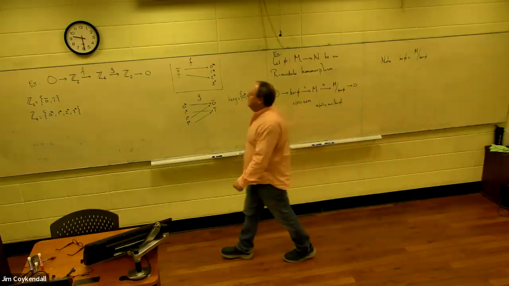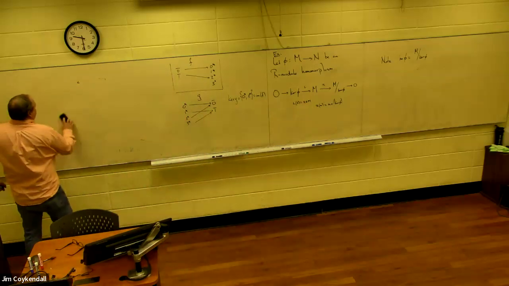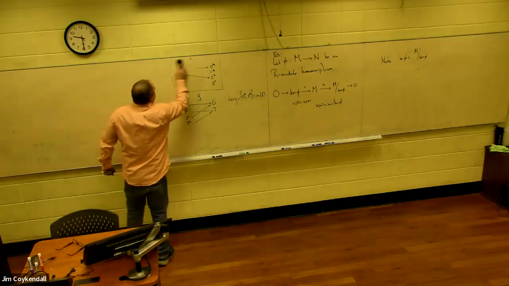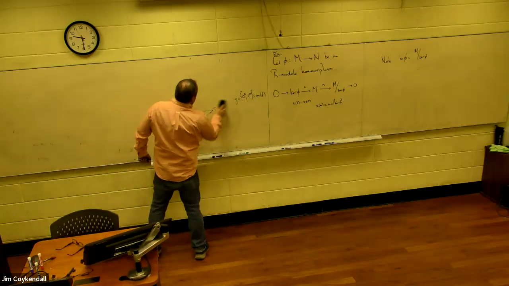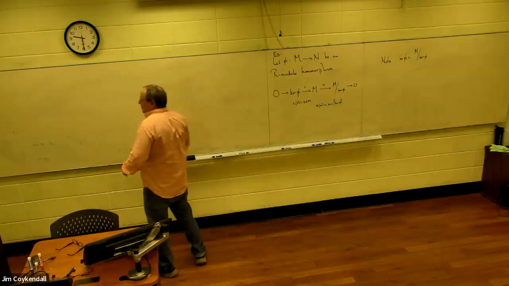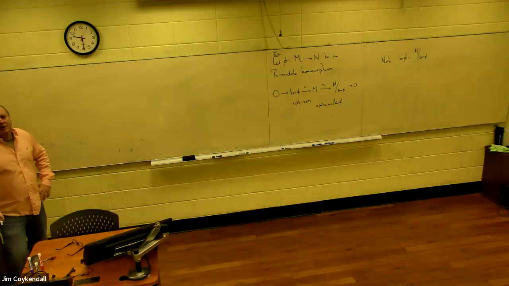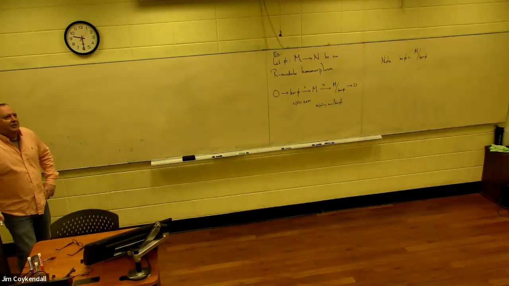I did say that if you have a long exact sequence or an arbitrary exact sequence, you can splice these together using short exact sequences. I'm going to demonstrate why that's true, because sometimes I give this as a homework problem, but frankly, I don't want to read that.